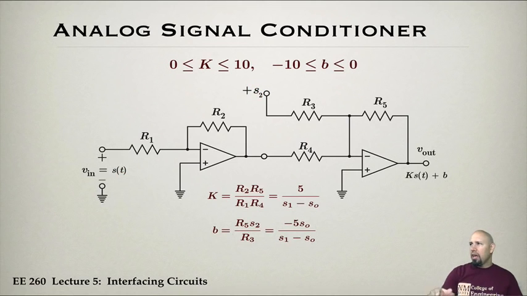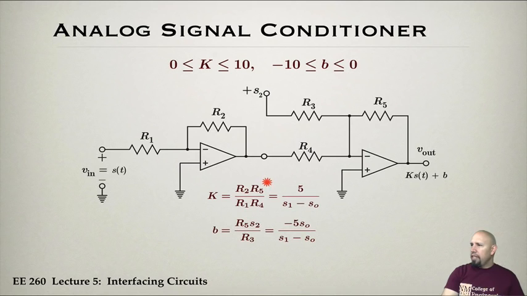For example, suppose in our circuitry we have a supply voltage that's plus and minus 9 volts. Then S2 would be 9 volts, which isn't anything related to S1 or S.